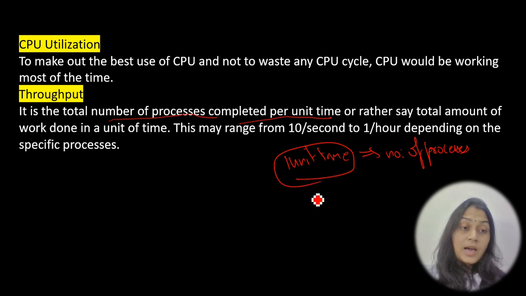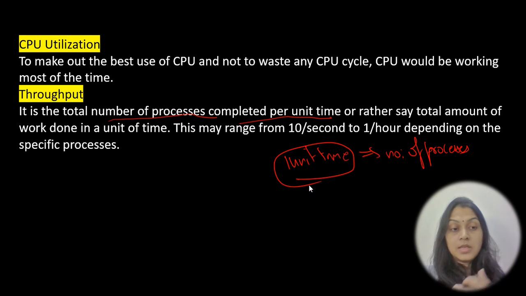So in one unit time, how many processes are executing? I'm talking about processes. In one unit of time, how many processes are completing their execution? That is the throughput. Or you can say the total amount of work done in a unit time. Work done means how many processes are executed.